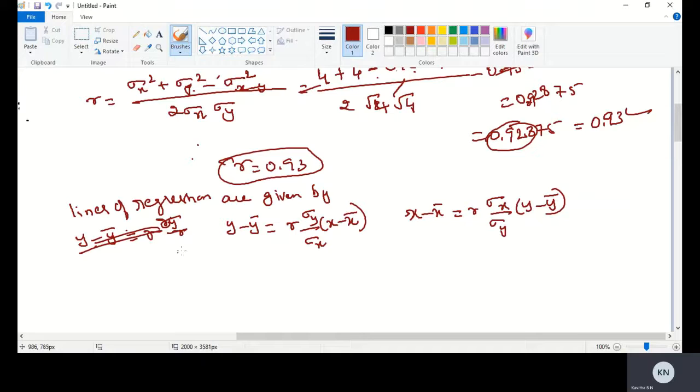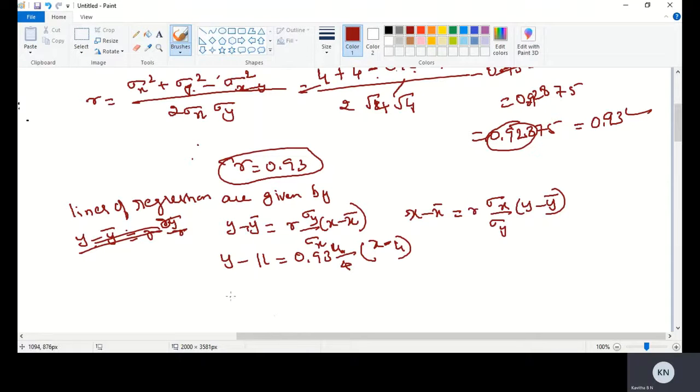Then just now we found the y bar value, substitute here y minus 11, r is 0.93, sigma y is 4, and sigma x is also 4, into x minus x bar, where x bar is 4.